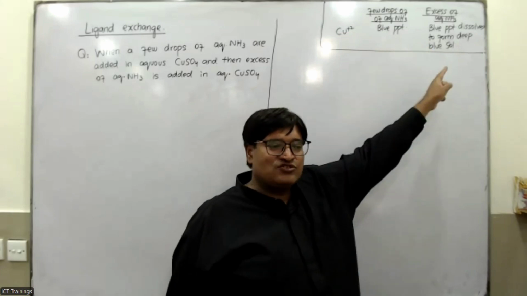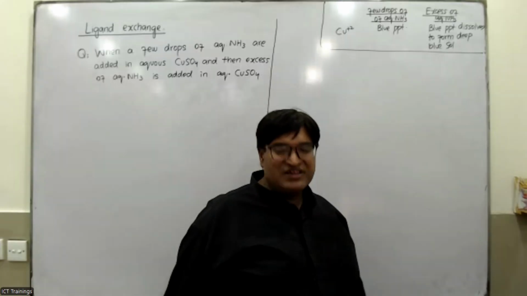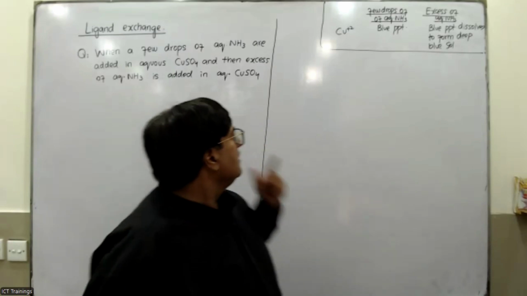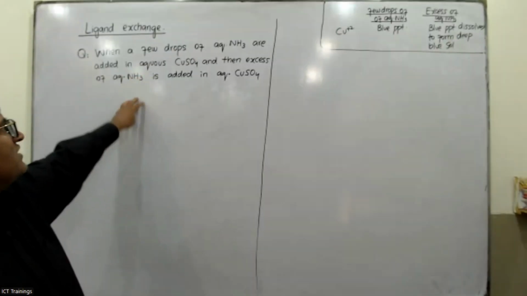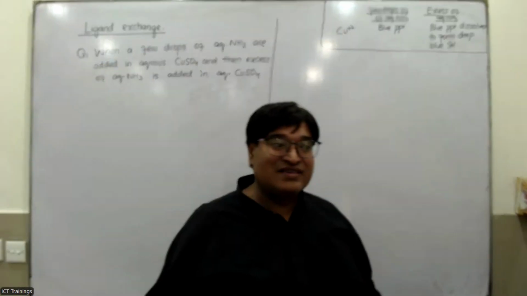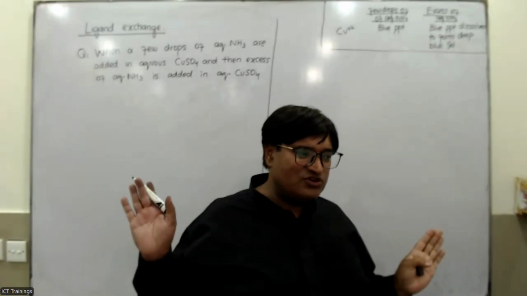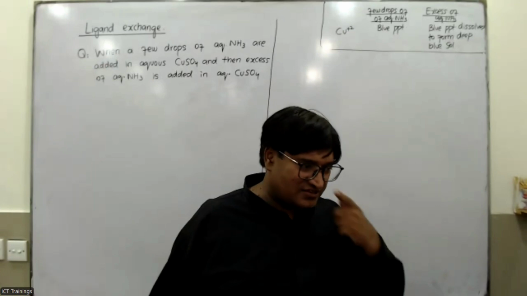When you add excess of aqueous ammonia, the blue precipitate dissolves to form deep blue solution. Now we are going to discuss the same question with respect to the complexes and ligand exchange.